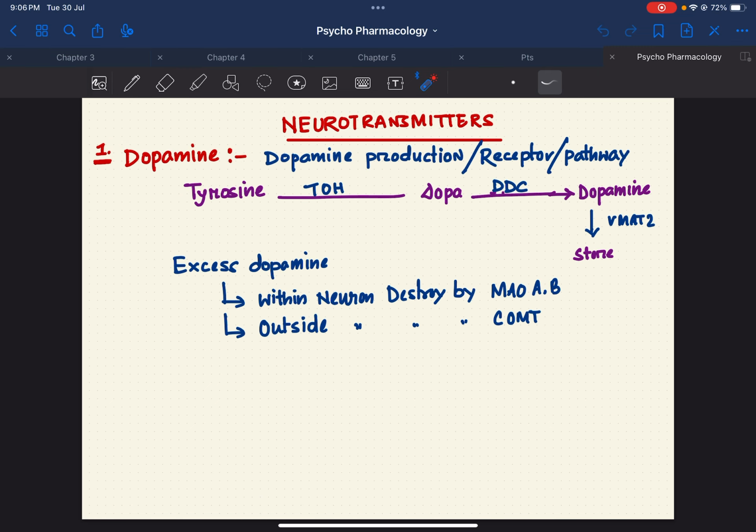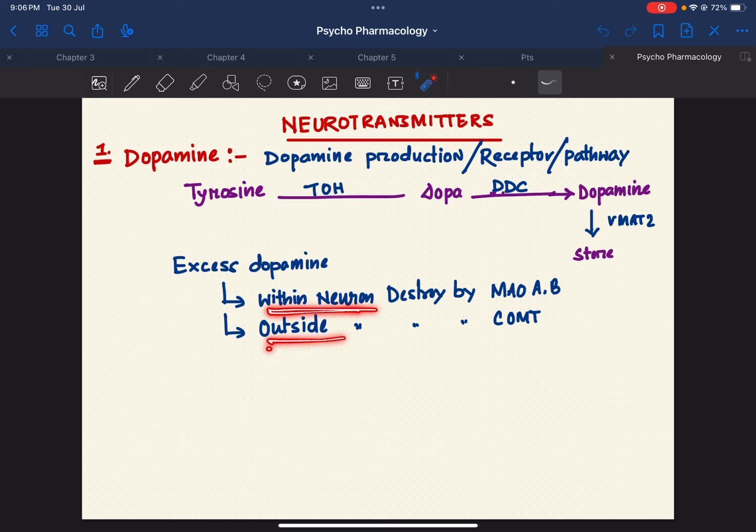Dopamine is actually produced from tyrosine, by tyrosine hydroxylase, into DOPA. The DOPA gets converted into dopamine by DOPA decarboxylase, and it gets stored in the presynaptic vesicle. Now, if there is excess dopamine, it will be destroyed by MAO A or MAO B if it is within the neuron.